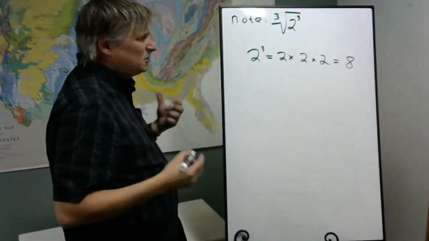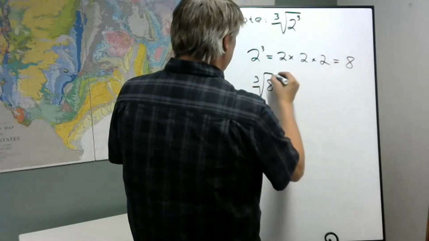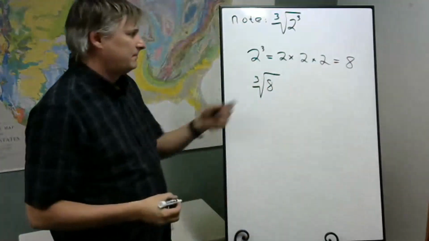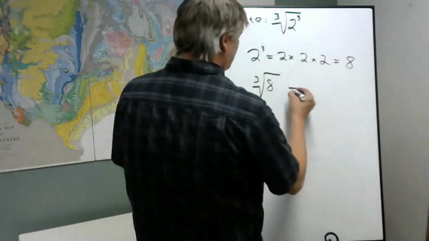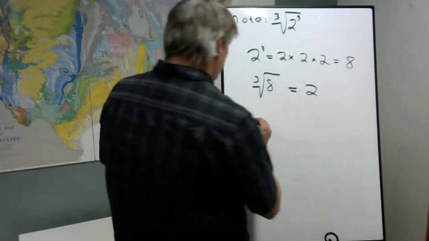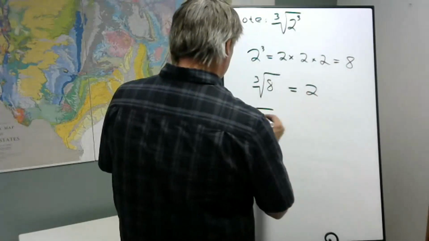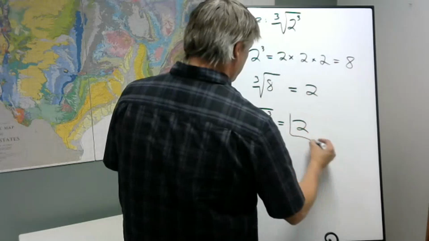And again, with the cube root, we're going to now take the cube root of 8. Well, 3 2's multiplied together gives you 8, so that means that's going to be equal to 2. So this means the cube root of 2 cubed is equal to 2.